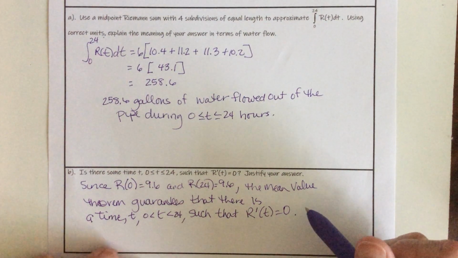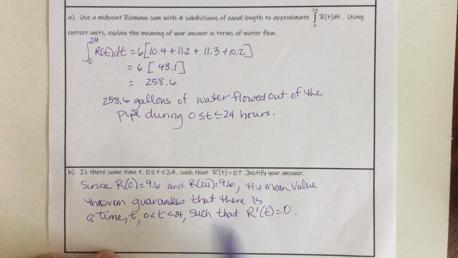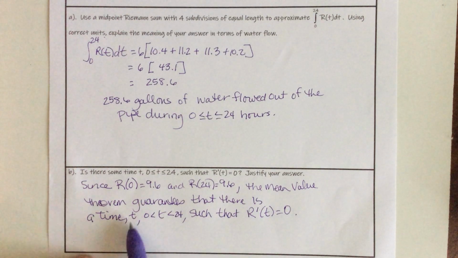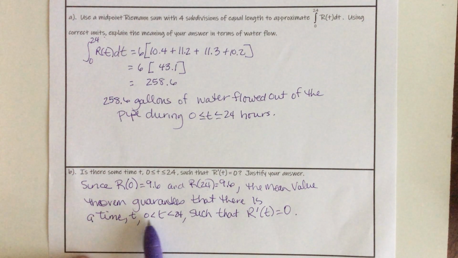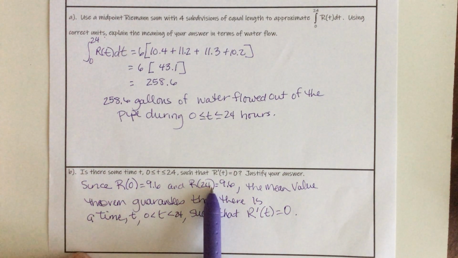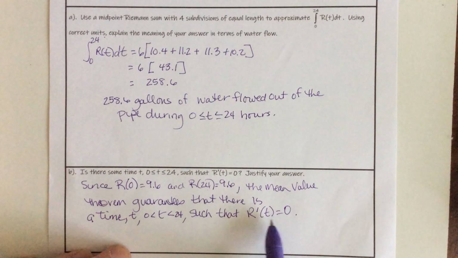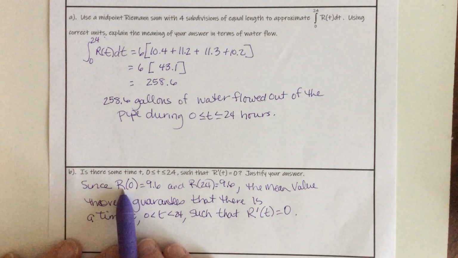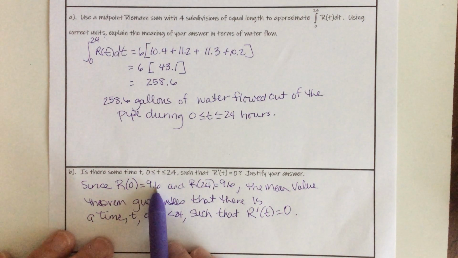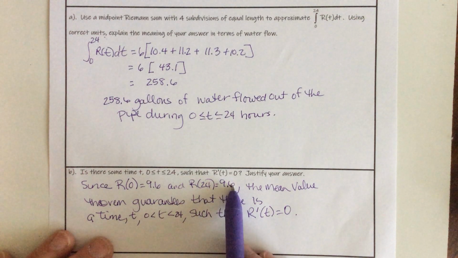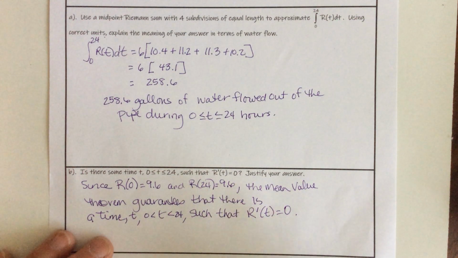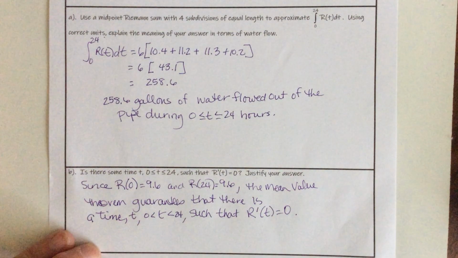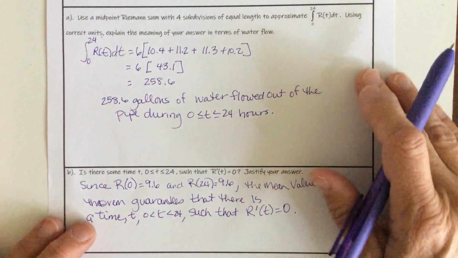So that is stating the mean value theorem, guaranteeing that there is a time between 0 and 24 such that R prime is equal to 0. Okay? And that is because R of 0 equals 9.6 and R of 24 equals 9.6. So, that's FRQ number 2.